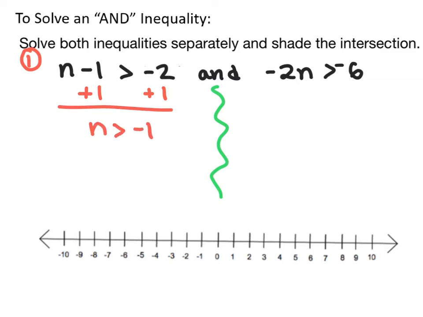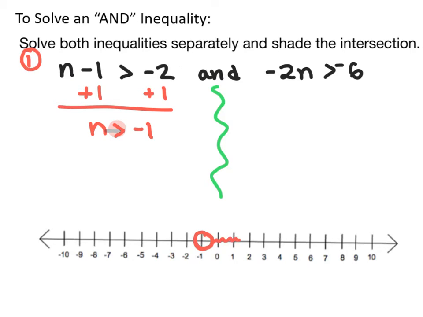Now if I graph that, I'm going to put an open circle at -1 because my symbol doesn't have the line underneath, because it doesn't include equal to. And I'm going to start to draw my arrow, and we see that since the variable is first and it's pointing to the right, I can start to shade to the right.